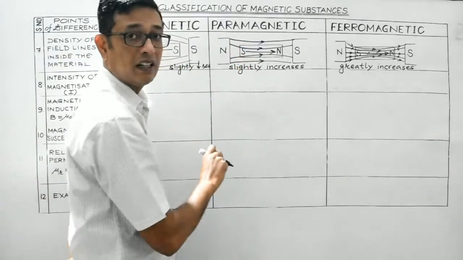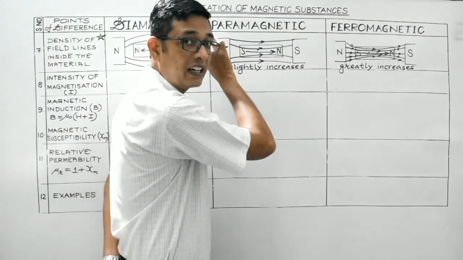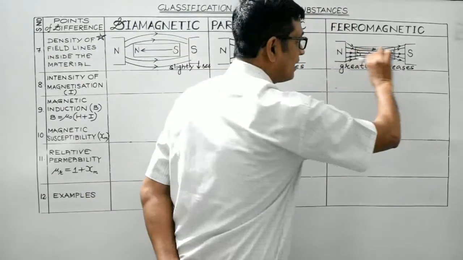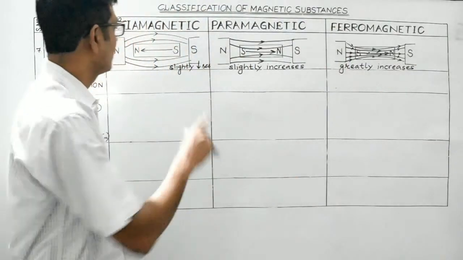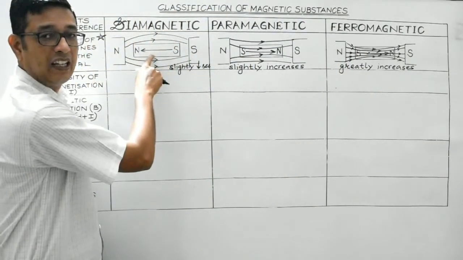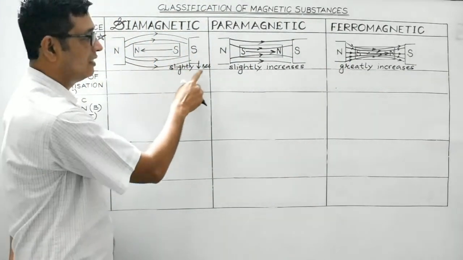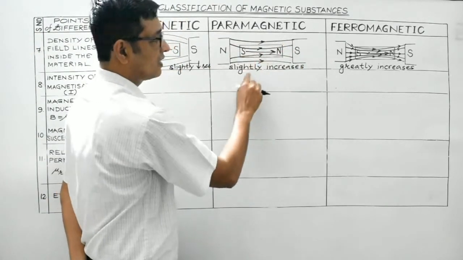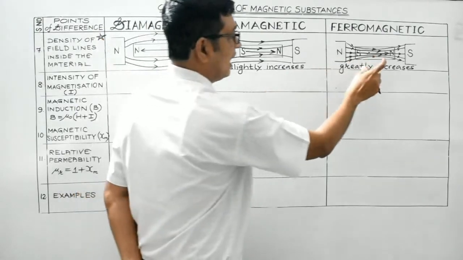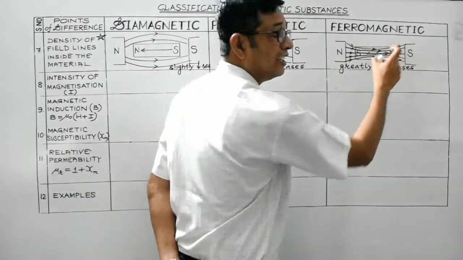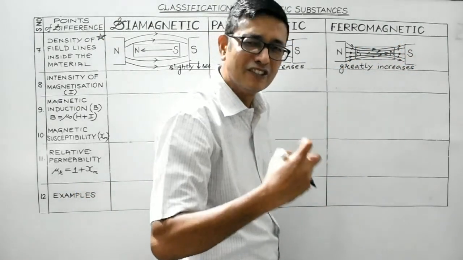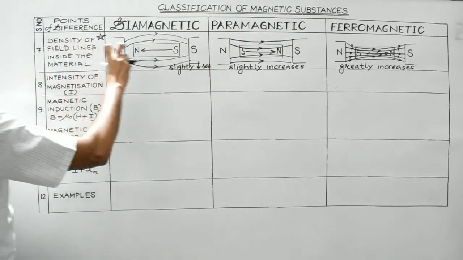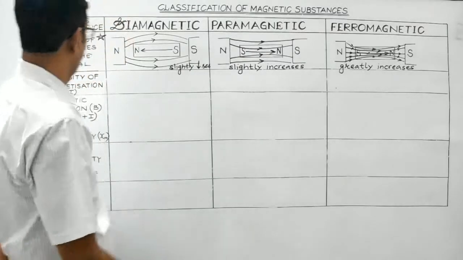In para, it will get feebly magnetized along the direction of the external field. And in this case, it will get strongly magnetized along the direction of the magnetic field. Here, the density of the field lines inside the diamagnetic material slightly decreases. Here, the density of the field lines inside the material slightly increases, right? And here, the density of the field lines inside the ferromagnetic material greatly increases, right? So, this is a very, very important diagram.